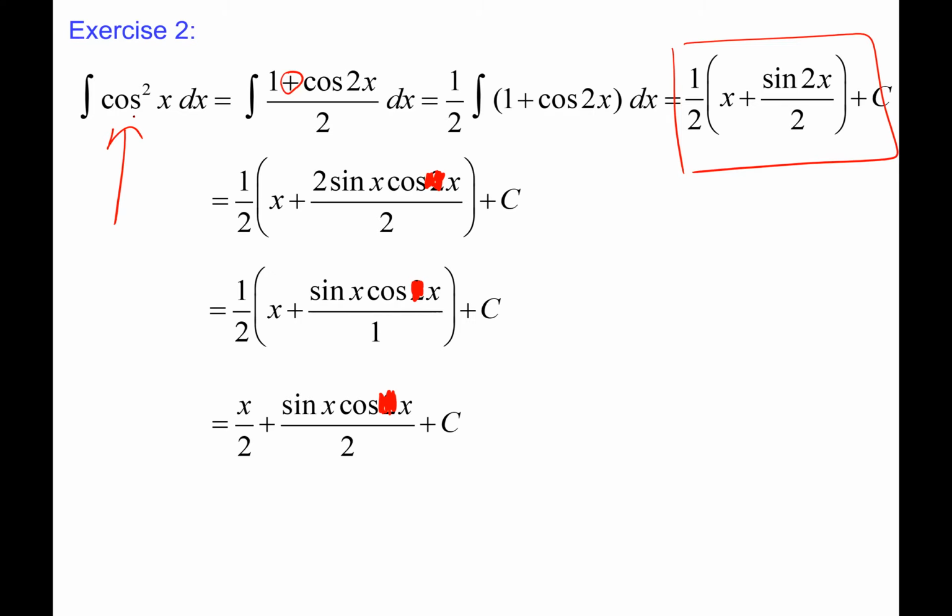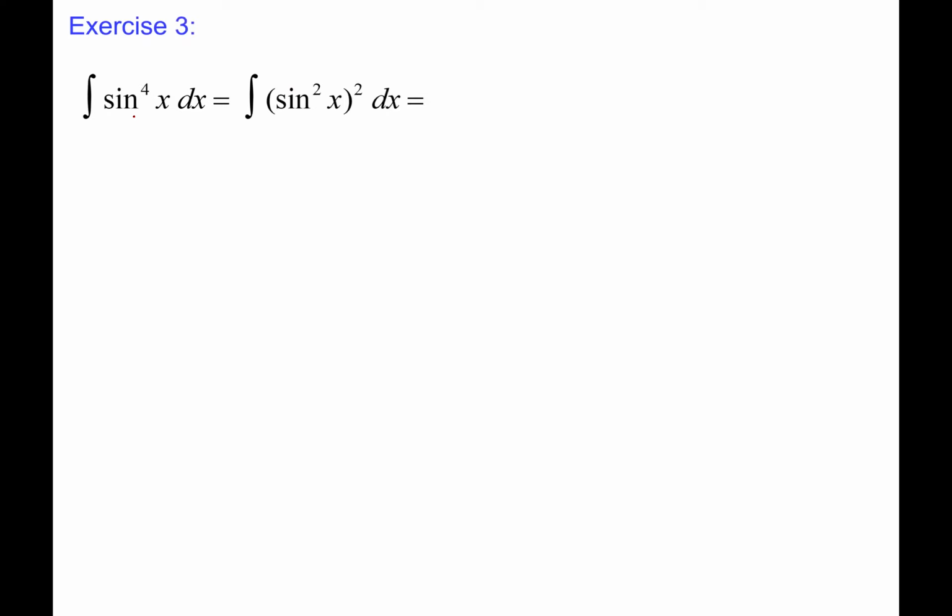Then I have another one, which is a little bit longer, sine to the power of 4 of x. This is probably too long to ask on the midterm or final, but it's good for a homework question. You can see we still have the square, and then the remaining power, which is 2.